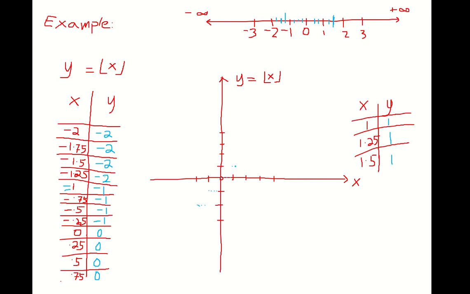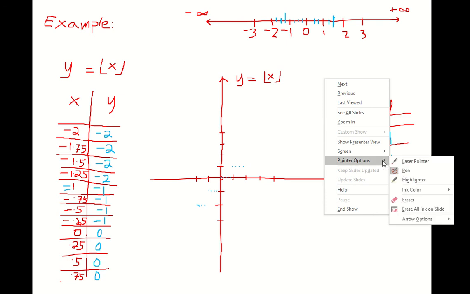Now when the value of x is 1.5, the greatest integer function of x is also equal to 1. Okay, so you see here, this is just a straight line.